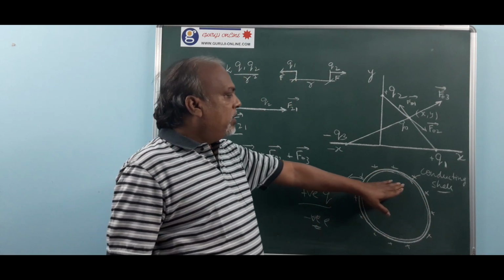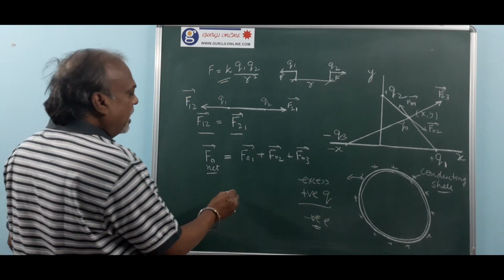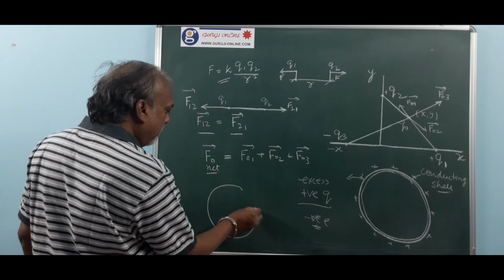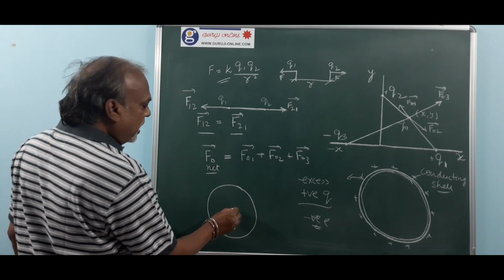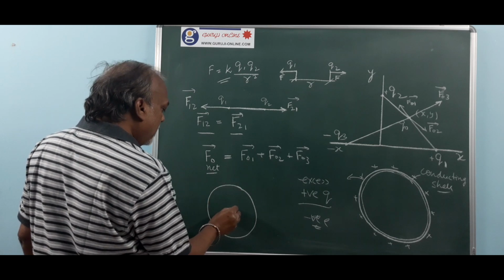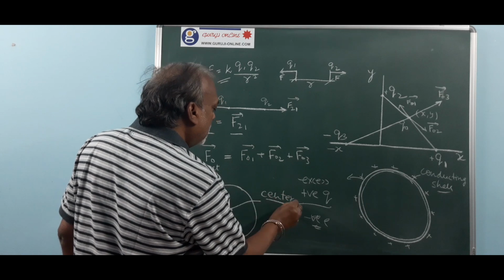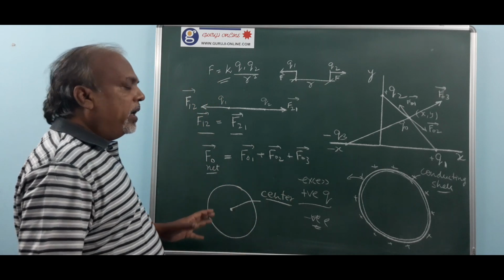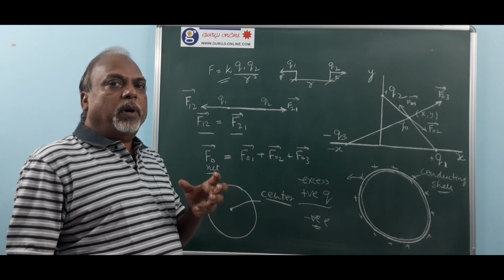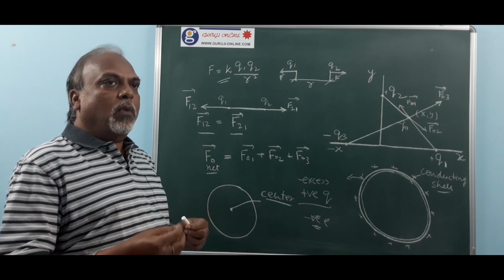And due to this, the shell theorem has been developed. What is the shell theorem basically? In the shell theorem, whatever charge is on this shell is supposed to be concentrated at the center of the shell, because here we assume that the charge on the particle is more, means charges are prominent, the particle is small.